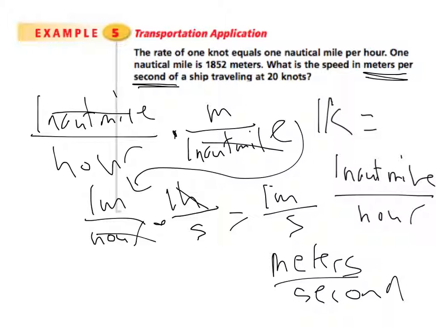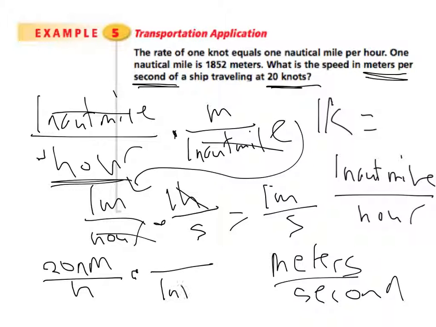Okay? So to start that off again, we're going to start with how many nautical miles we have. We have 20 knots. So 20 nautical miles, I'm going to call it NM, over 1 hour, so it's what we did right here, times 1 nautical mile is 1852 meters.